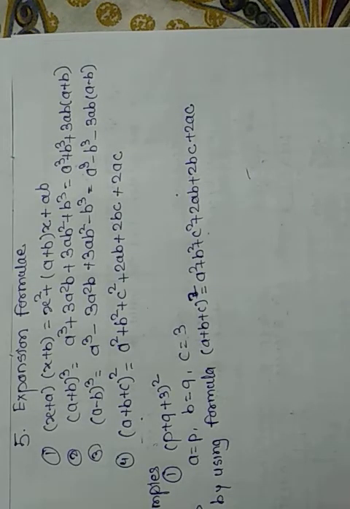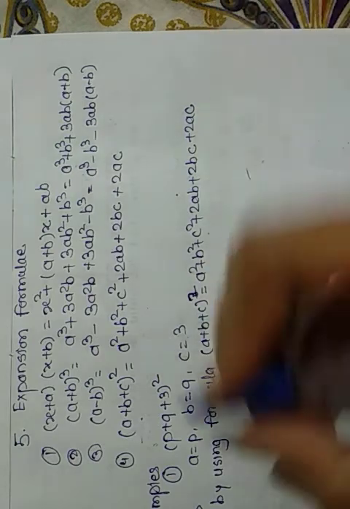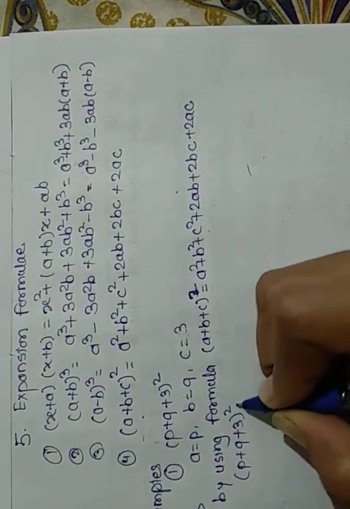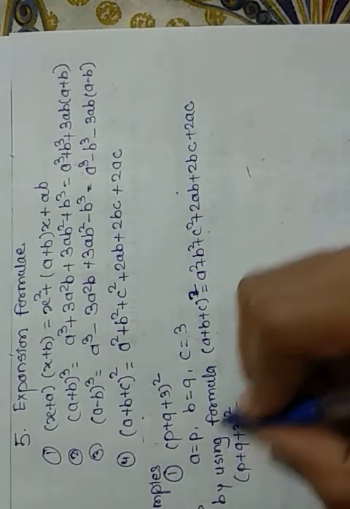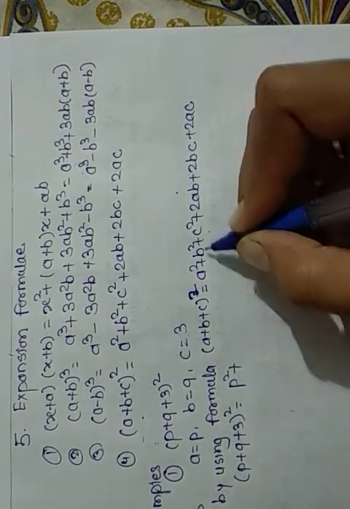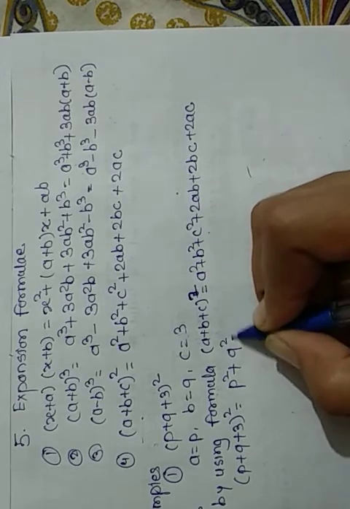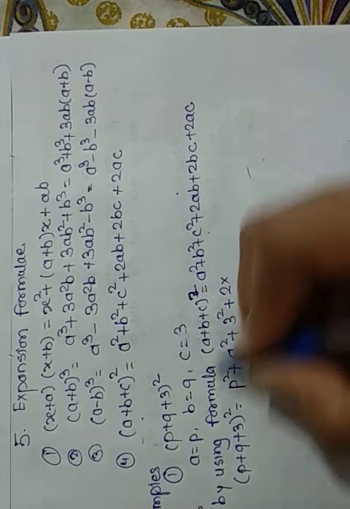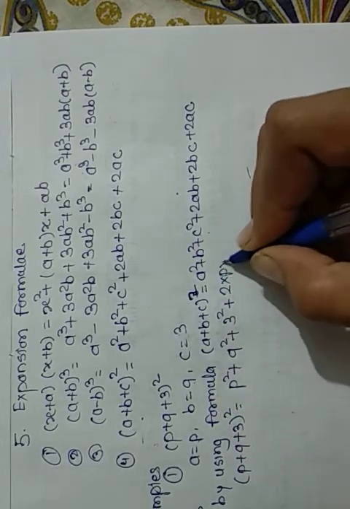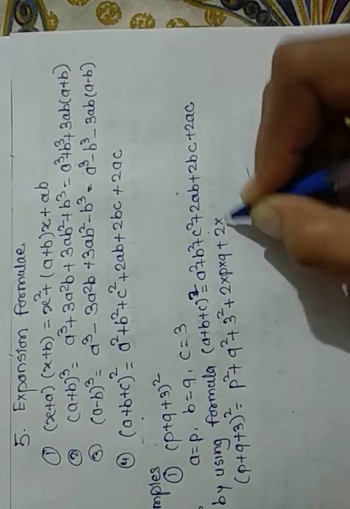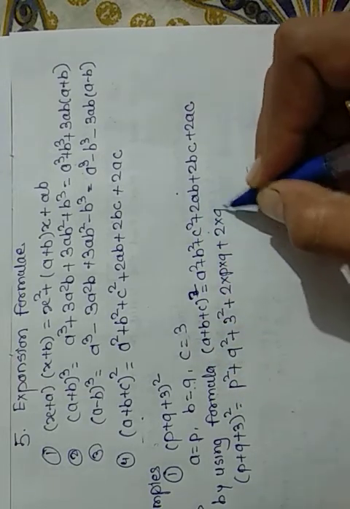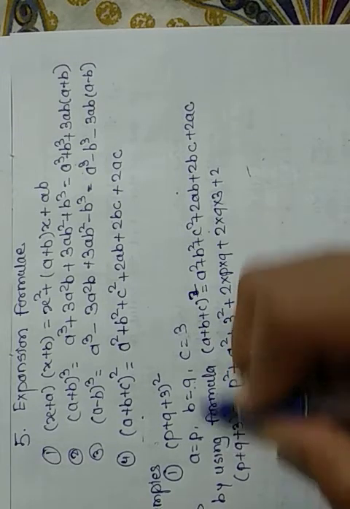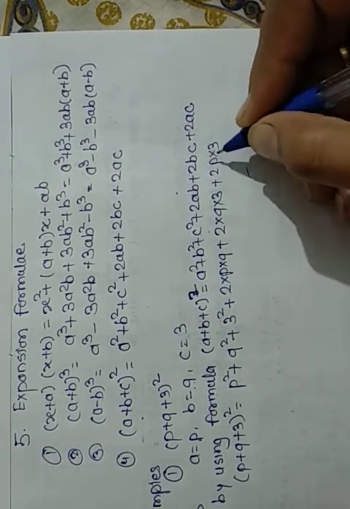Now put the values in this formula. (p + q + 3) bracket square is equal to a square means p square, plus b square means q square, and plus c square means 3 square, plus 2 into ab, that is p into q, plus 2 into bc, that is q into 3, plus 2ac, it means 2 into p into 3.